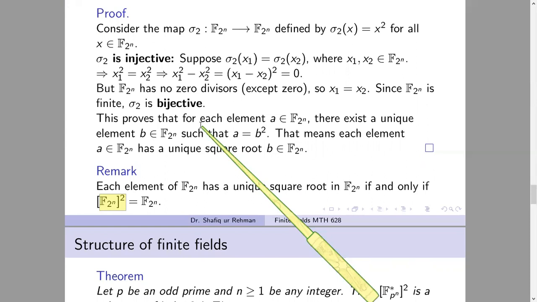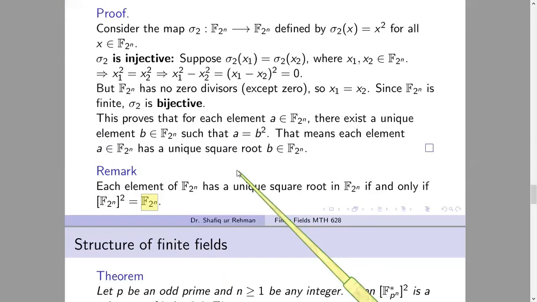Which map? The map which associates every element to its square. So this function is bijective. It shows that each element has a unique square root, and it is remarkable that in this case, if this map is bijective, the set of all squared elements will equal the whole set.